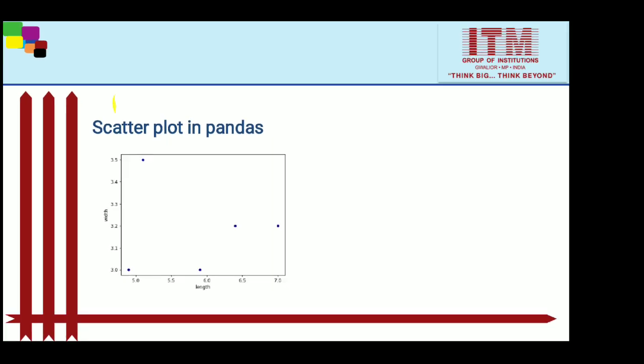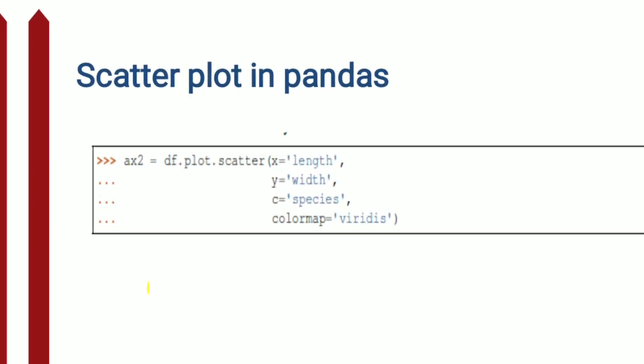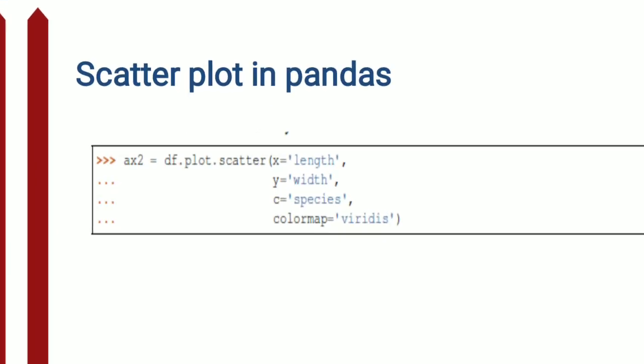So this is another example, and in this example I have taken df.plot.scatter. In the scatter I have x equal to length, in the y I have width, and in the c I have species. And the color map is what will show you the range for the colors.